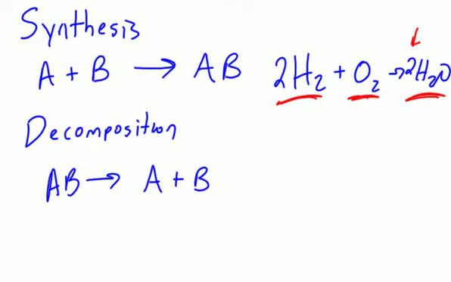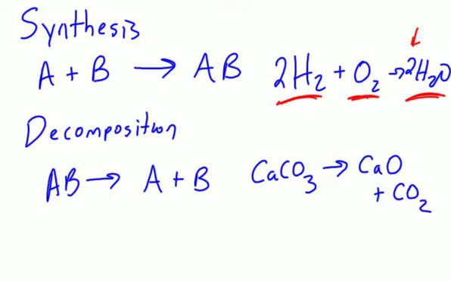So an example of this might be if I take calcium carbonate and I break it down into calcium oxide and CO2. So this was one chemical before, and now it has become two chemicals. So that is a breakdown, it is a decomposition. So these two, their name implies pretty much all it is. You're either making one thing out of multiple, or you're making multiple things out of one.